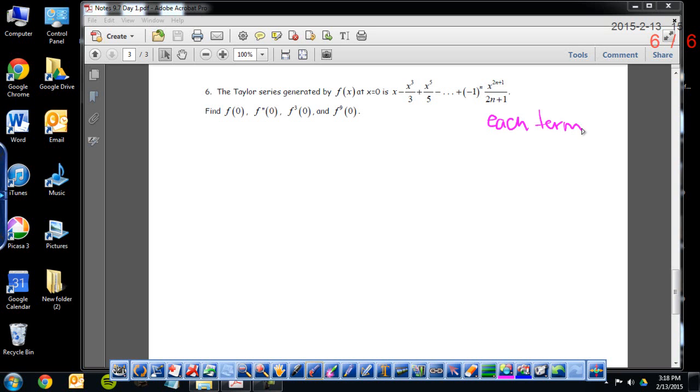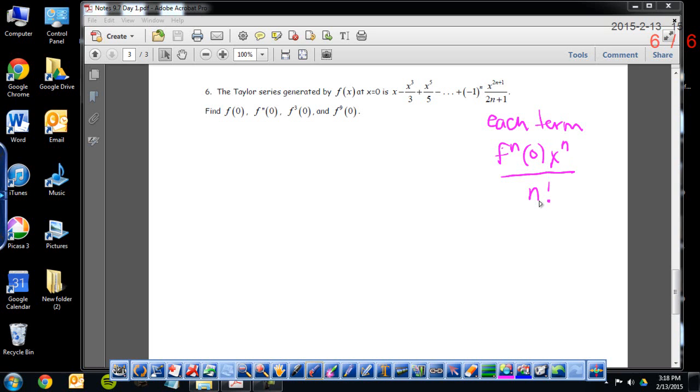Before we get into that though, I just want to remind you that each term of your Taylor polynomial, remember, is made up of the nth derivative at your centering point, and I'm going to use 0 because this one is centered at x equals 0, times x to the n power all over n factorial. So a couple of things that I want to remind you of and point out is that the derivative number, the exponent, and the factorial all always match, at least at the very beginning, like when you're creating the Taylor polynomial.